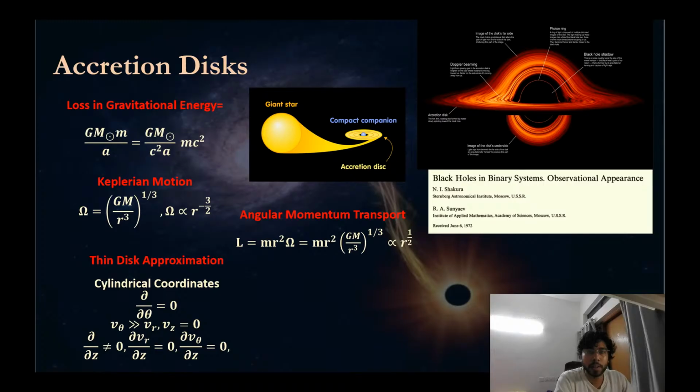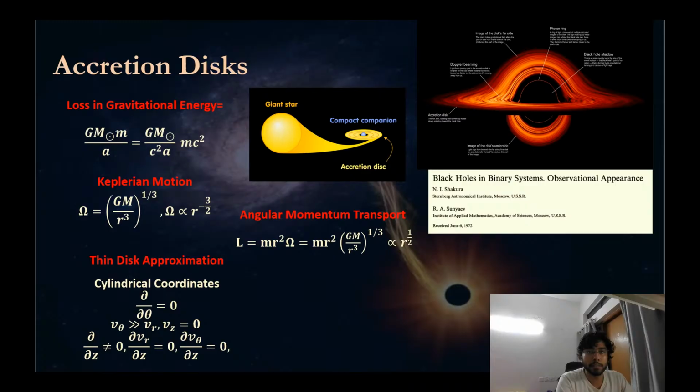What is happening is that, as I said, the compact object is extracting matter from the star, and the star is getting broken up, and in the process it is losing some gravitational potential energy, right? When you have two systems, the gravitational potential energy is given by GMm by r, where r is the distance between the two objects.